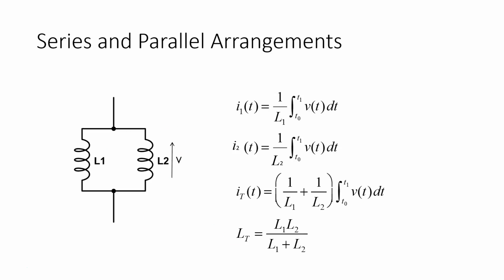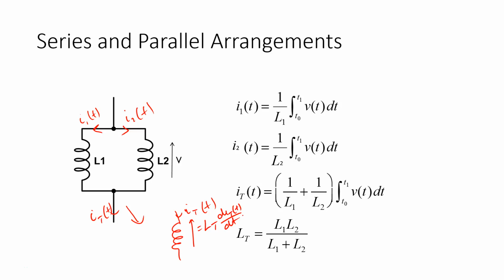Now moving on to parallel, and again just like we did with resistors and capacitors, we know that the voltage across both is the same, and we have I1 and I2. Again, what I want to do is take this and turn it into a single inductor with a single current IT, this time T for total current, and I want to relate that to some total inductance.